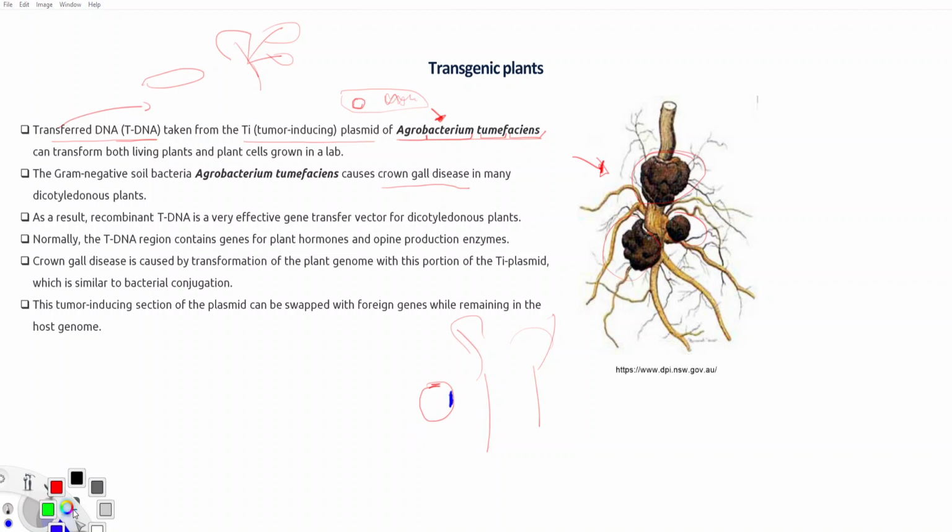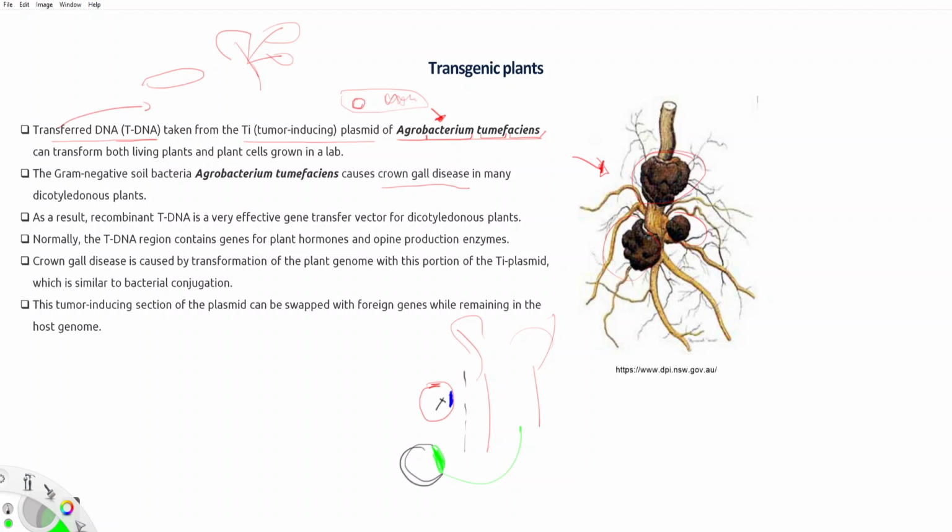What they've done now is, what if we intercept this process and modify this plasmid? Instead of having this disease gene, we could now have a Ti plasmid that will carry whatever gene of interest we have inside this plant so that the plant could actually produce that. A good example is, I think, with tomato.